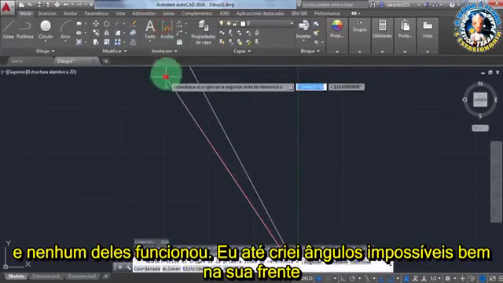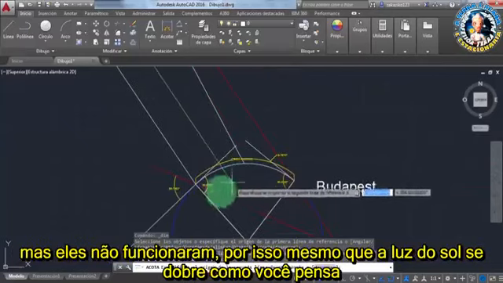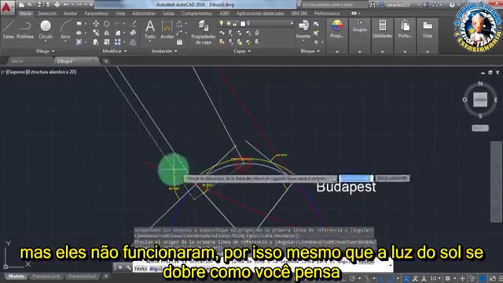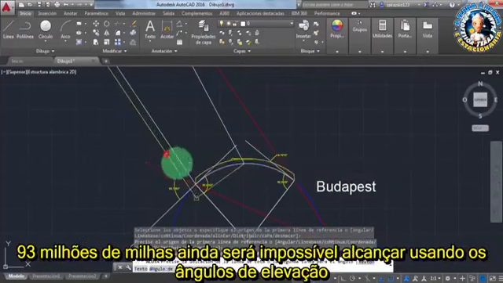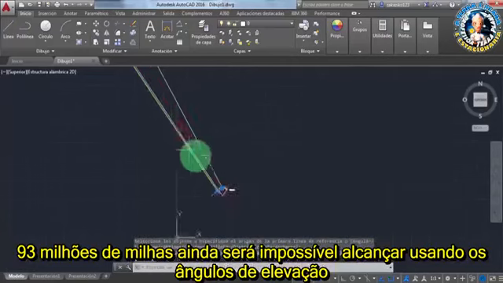I even made up impossible angles right in front of you, but they did not work. So even if the sunlight bends as you think it does, 93 million miles is still going to be impossible to reach using the elevation angles.